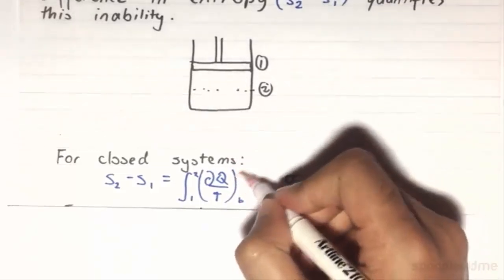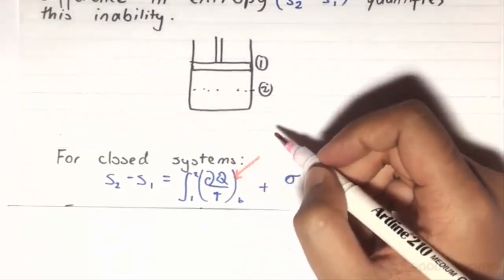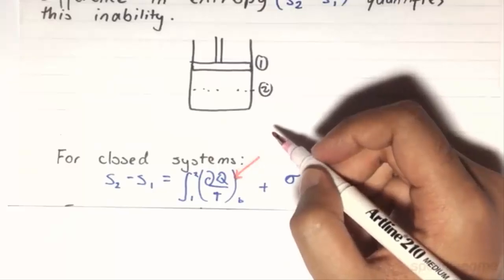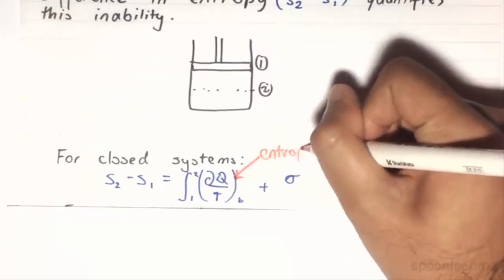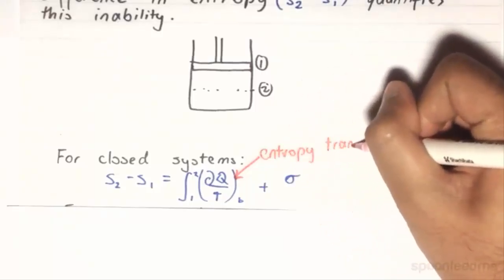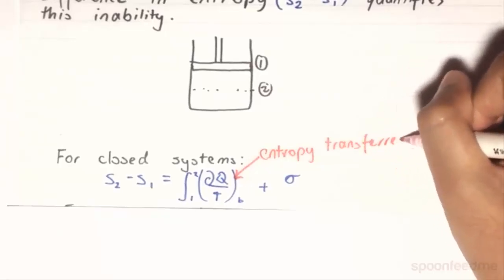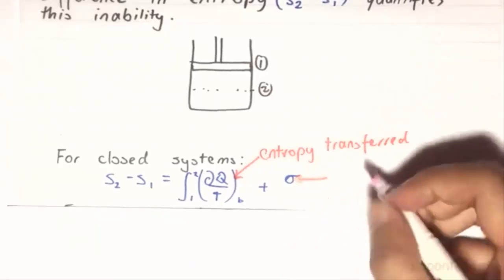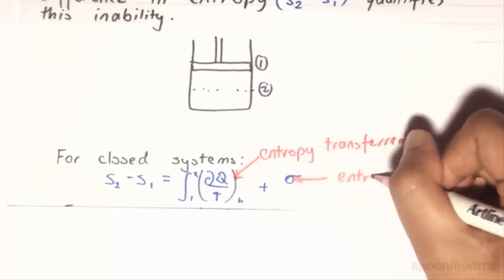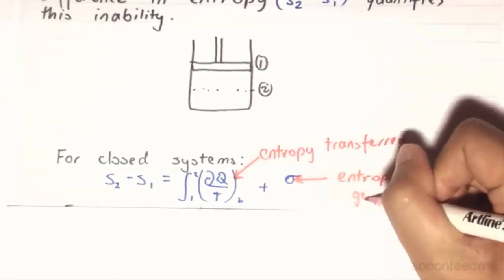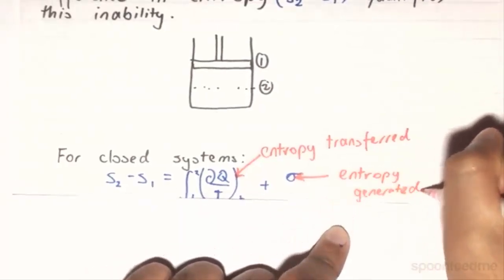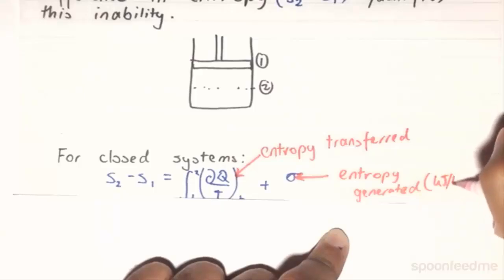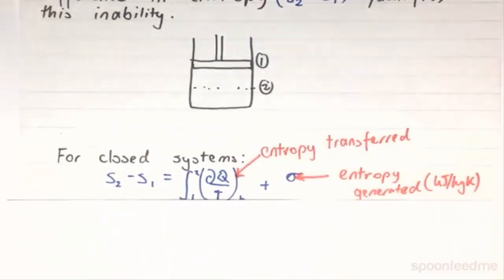The del Q on T is termed the entropy transferred, and the term sigma is what we call the entropy generated. All of these are going to be in the kilojoules per kilogram Kelvin that the entropy itself is measured in.